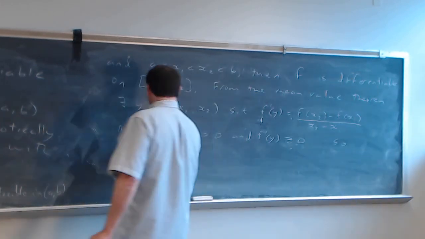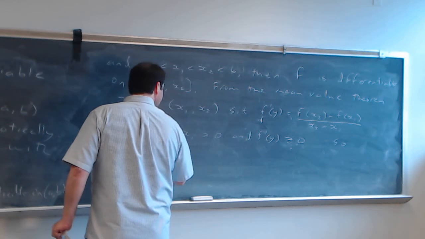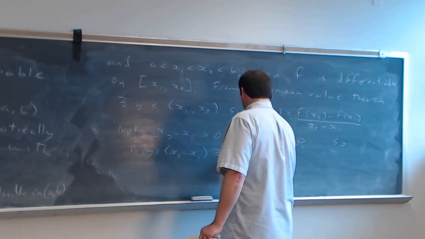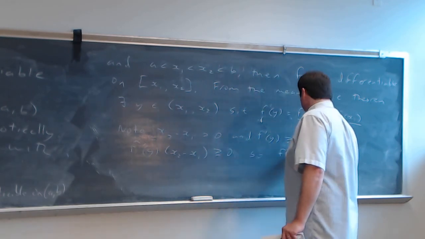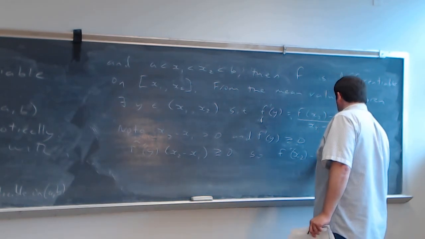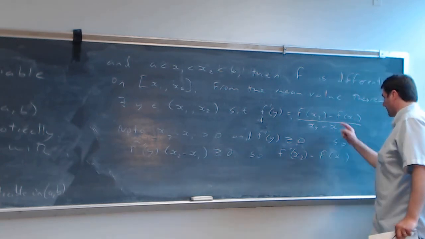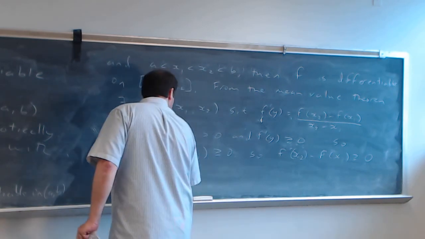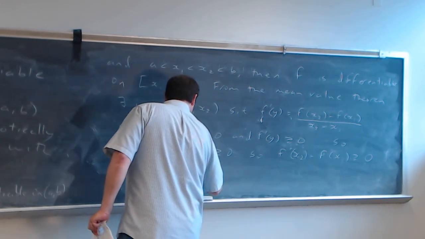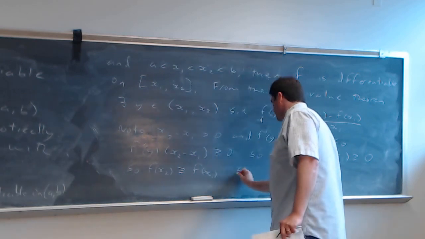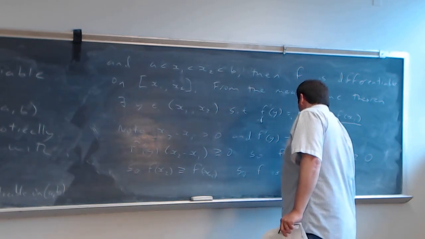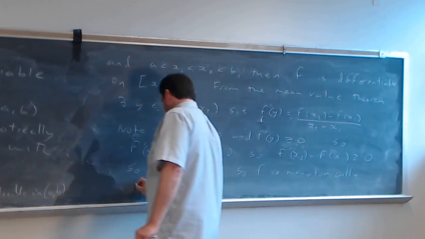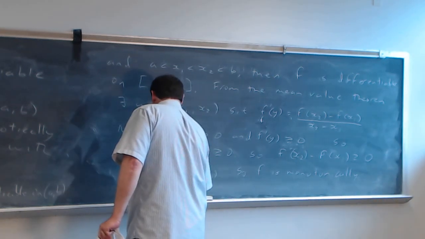So f prime of y times x of 2 minus x of 1 is greater than or equal to 0. That means that f of x of 2 minus f of x of 1, the top here, has to be greater than or equal to 0. So f of x of 2 is greater than or equal to f of x of 1. So f is monotonically increasing.